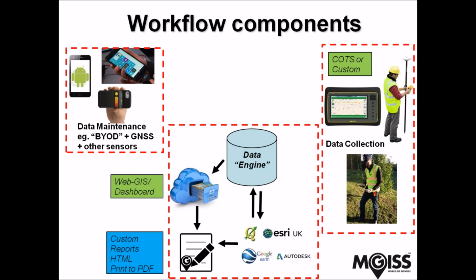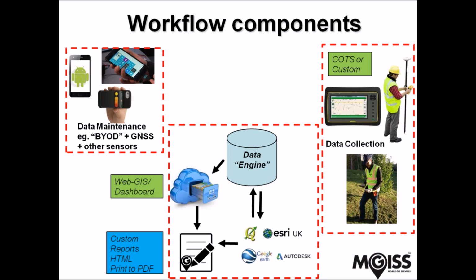And when you start to look at other components that you're adding onto a GIS system, two of those that we're increasingly finding ourselves as mobile GIS services developing are web-based interfaces which are delivering information to clients or customers or internal departments, and then reporting interfaces at the back end.